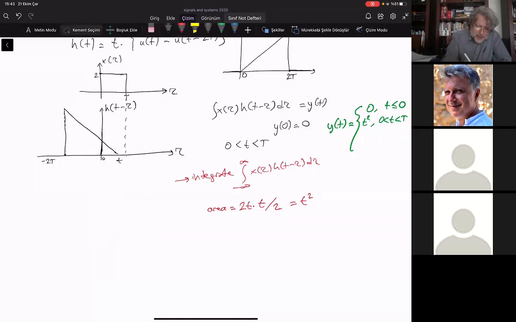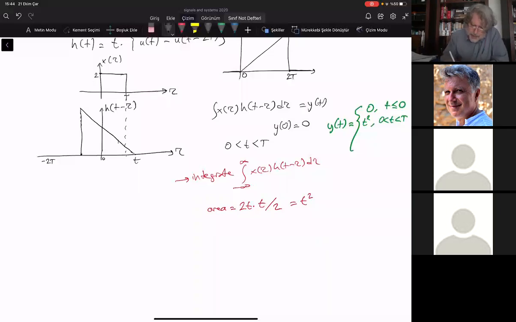Now, I will use the lasso tool again, and I want to select this one, but I will move it further to the right, like this. Of course, I have to erase this, okay? And I have to erase this t, because t is not here anymore. Where is t? T is here. I shift to the right by an amount of t.